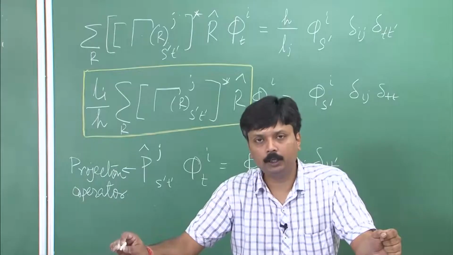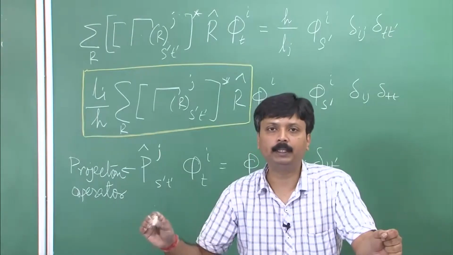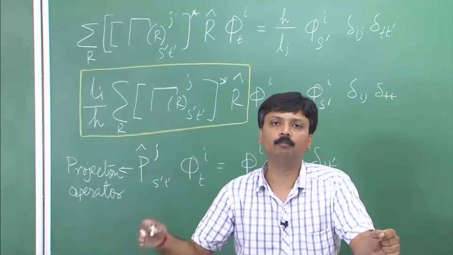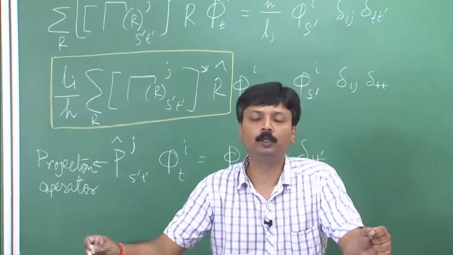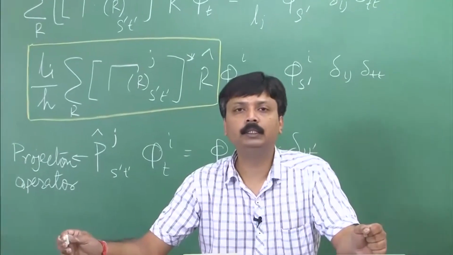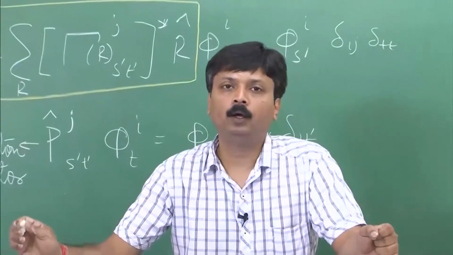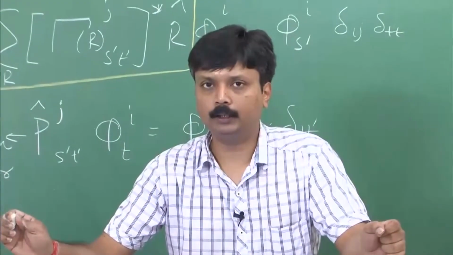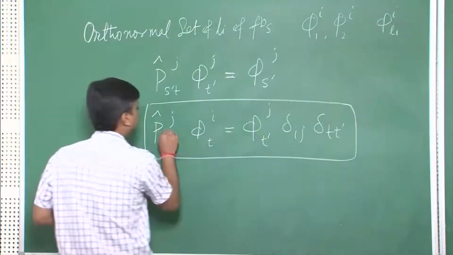Now, these projection operators will be used in specific cases in the following class, taking a particular example of a molecule. There we will consider the atomic orbitals, their wave functions, and we will operate these projection operators on them. Here we say that this is a particular irreducible representation j.